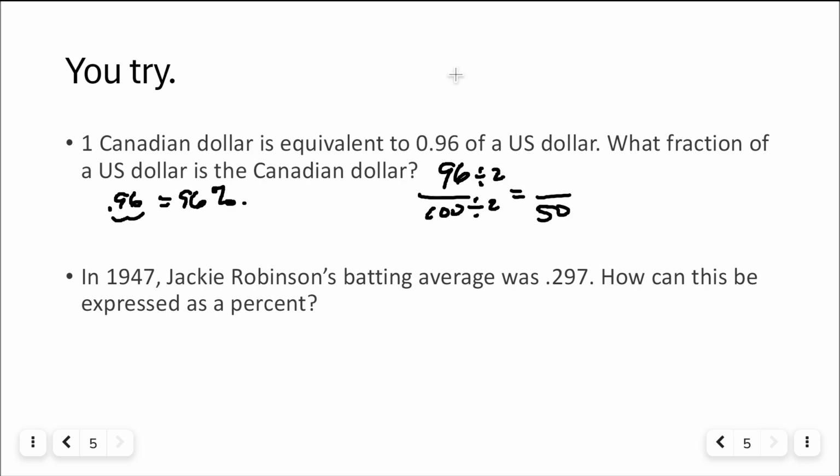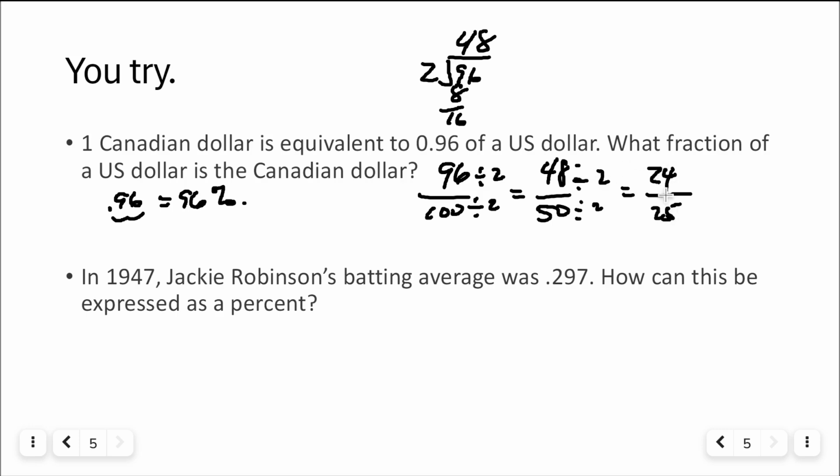So that's a 50 on the bottom. 2 goes into 96, 48. 48 and 50. 2 goes into both again. 2 goes into 50, 25 times. And then 2 goes into 48, 24 times. 24 out of 25. All right.